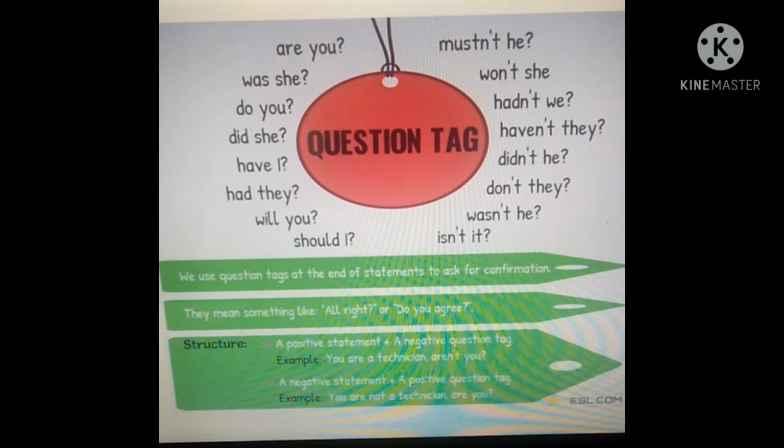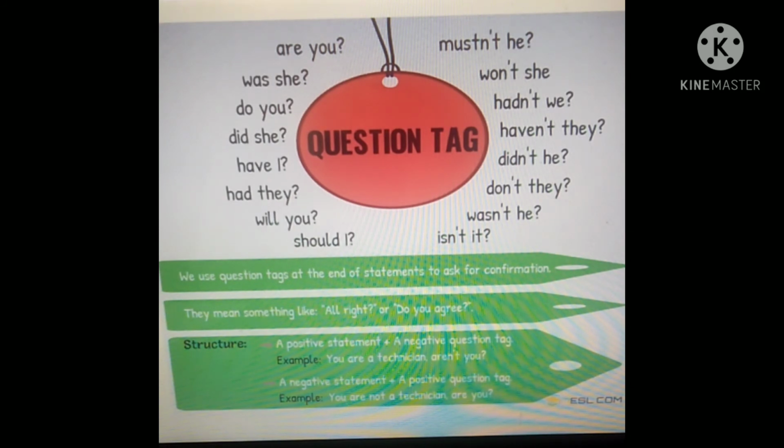Words like no, did not, do not form negatives, right? So here, what negative question tag can we use? In place of are, the negative tag we make is aren't you. So, you are a technician, aren't you?